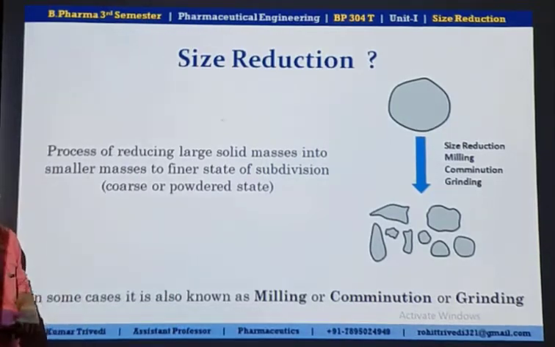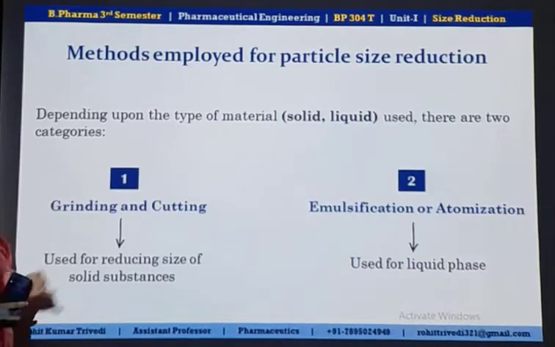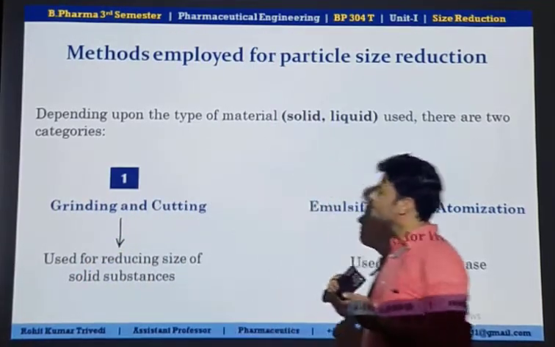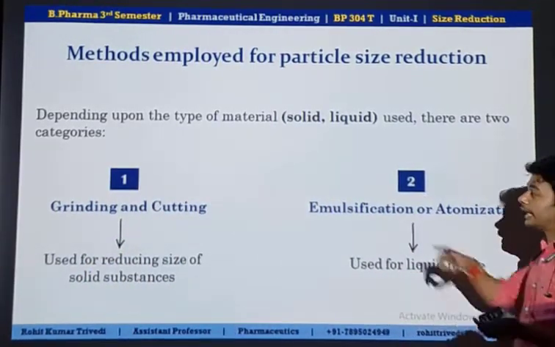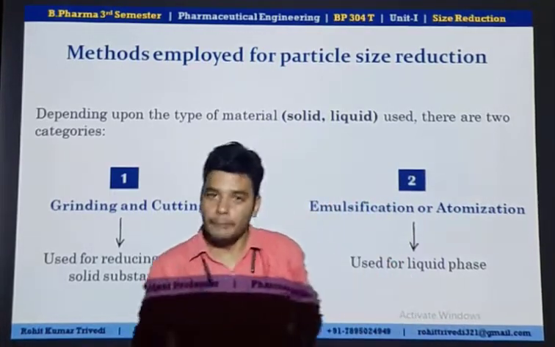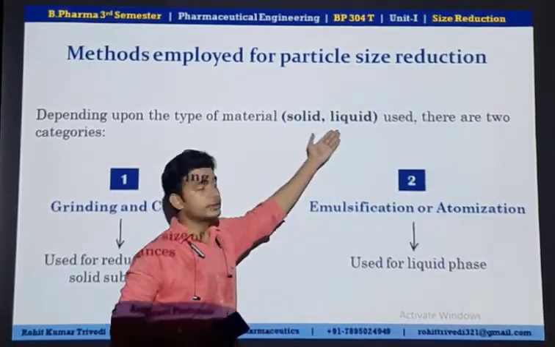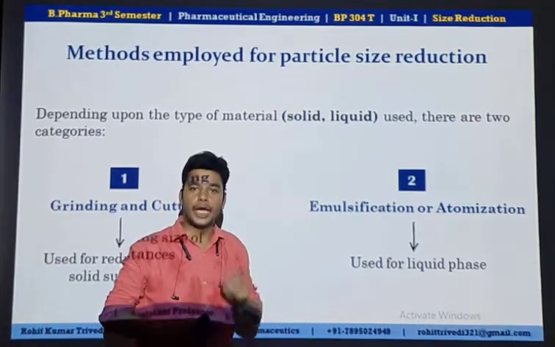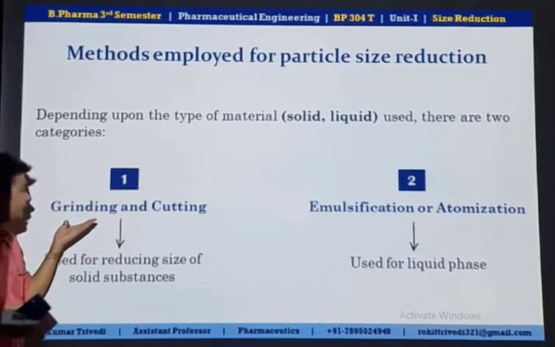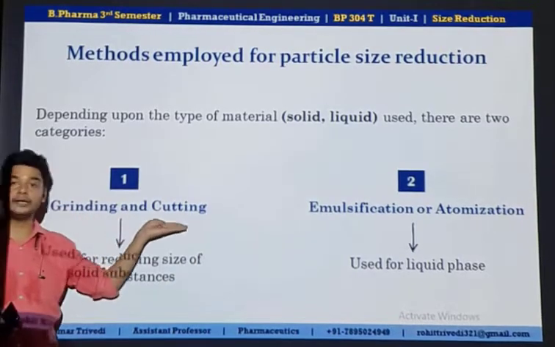Now, moving further, the methods employed for particle size reduction. Generally we have two methods, and these are selected on the basis of the state of matter, generally solid or liquid. If we are reducing the size of solid particles, we say we are using the process of grinding and cutting.